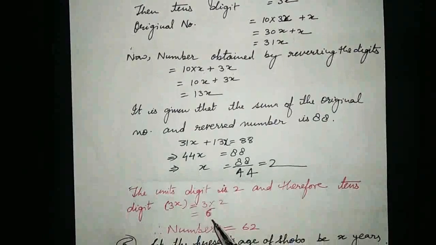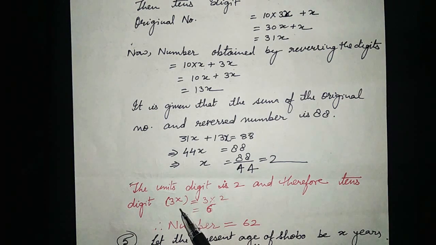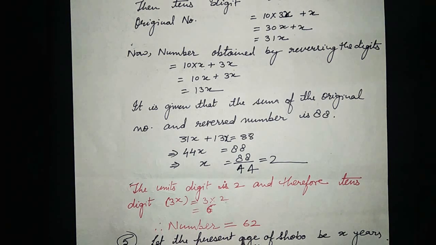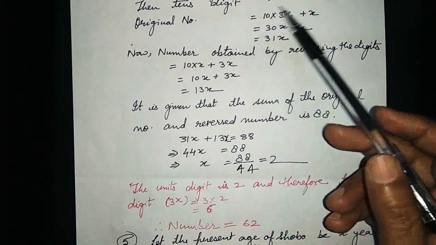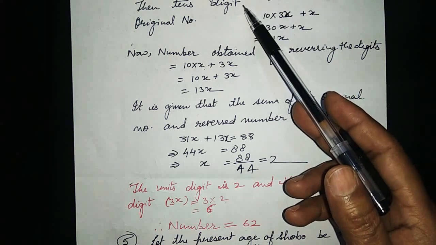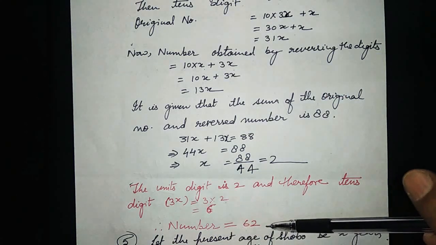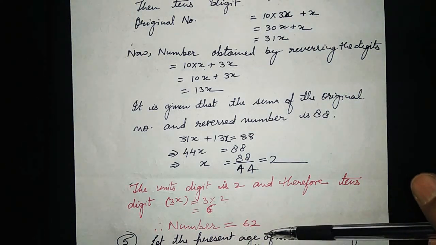So after putting the value of x in 3x, what will we get? 3 into 2 is equal to 6. So the 2-digit number will be 62, because here 6 we are getting at the tens place, and 2 we are getting at the ones place. So the number will be 62.